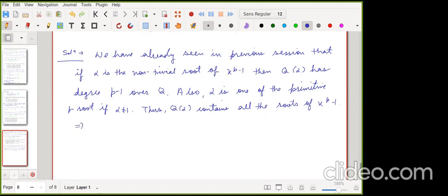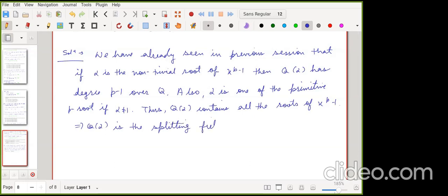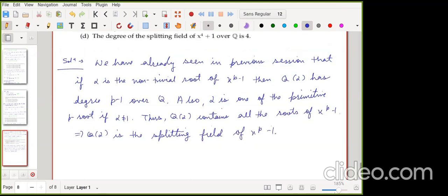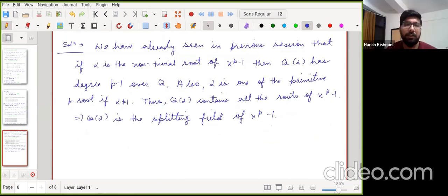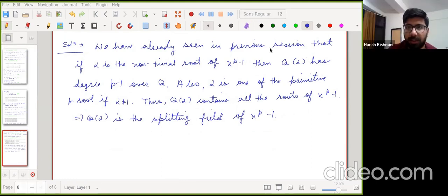This implies that Q(alpha) is the splitting field of x^p minus 1, right? And this splitting field has degree p minus 1. Thus option A is correct.